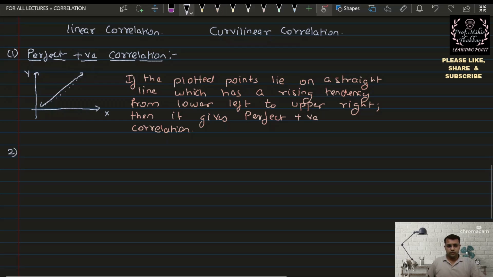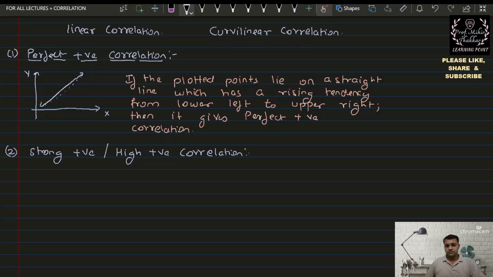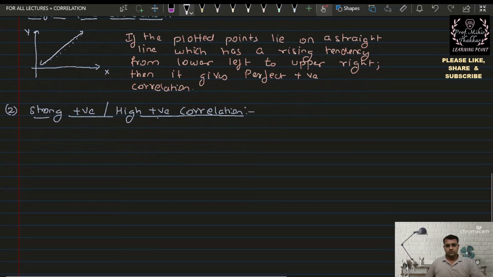Point number 2, strong positive or high positive correlation. Again, let us draw a rough diagram for this.